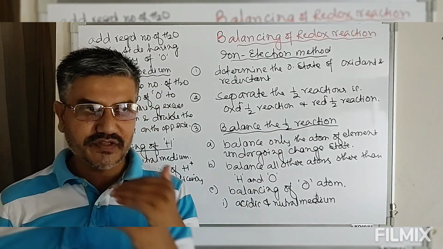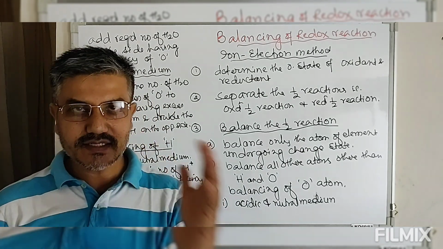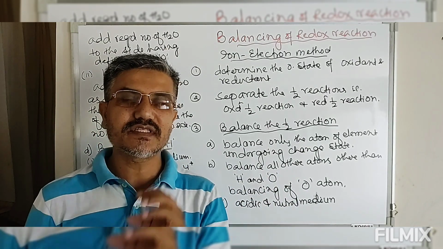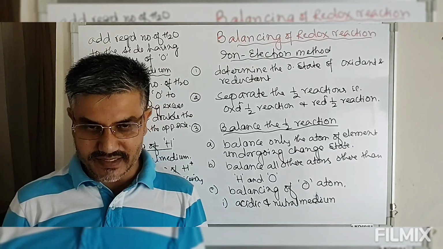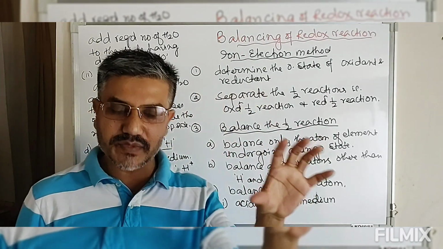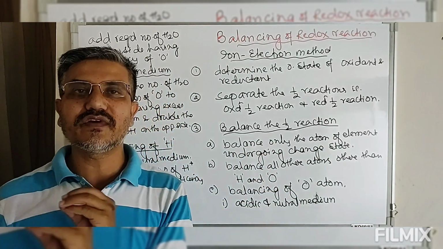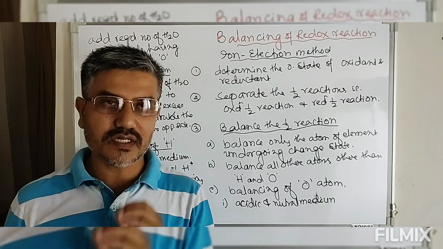That means if there is an excess of 5 hydrogen, then to the side having excess hydrogen we will simply add 5 OH minus. Once we add OH minus to the side having excess of hydrogen, on the opposite side we will add the same number of water molecules.